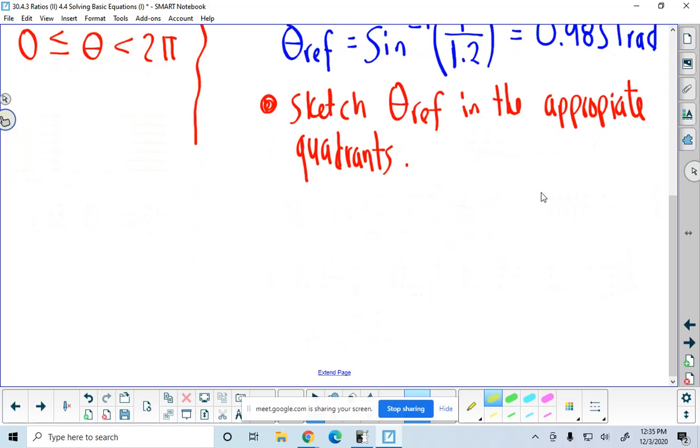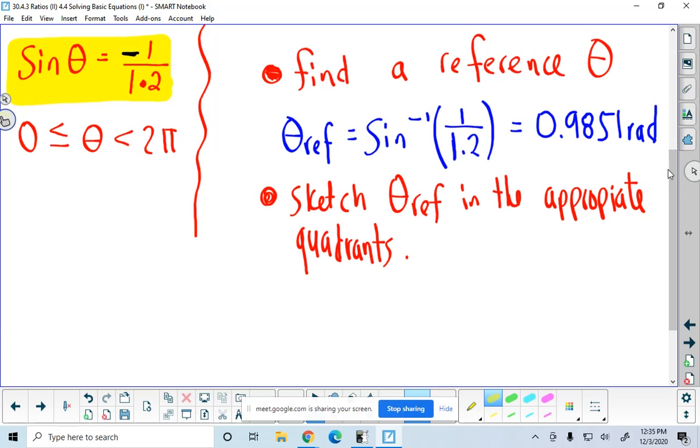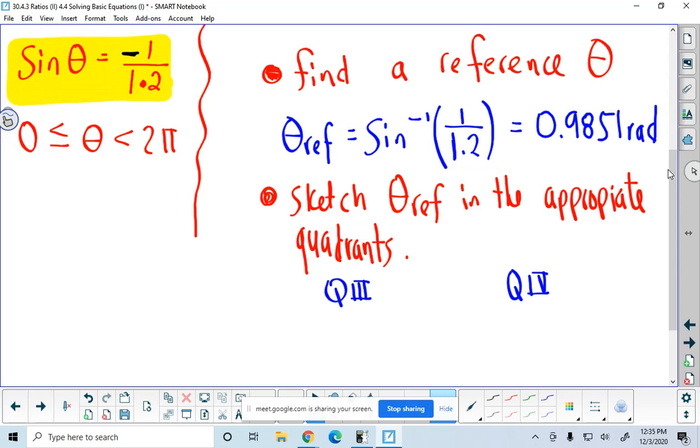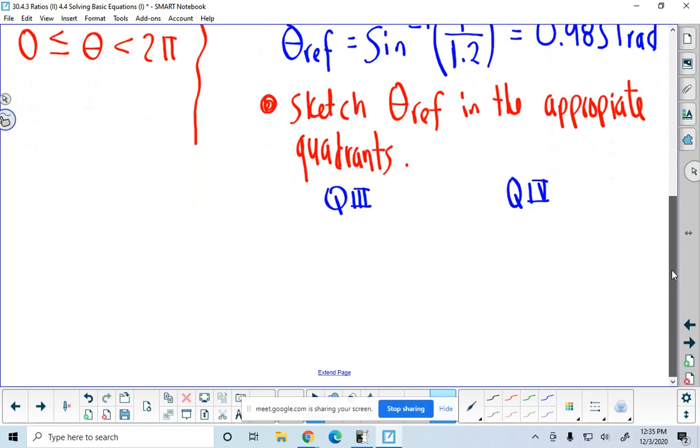So this next step involves actually a couple of steps. I suppose what you need to do first is identify the quadrants, and it is going to be quadrant 3 and quadrant 4. Those are the two quadrants where y is negative. And now we sketch that. So in quadrant 3, we have a reference angle of 0.985.